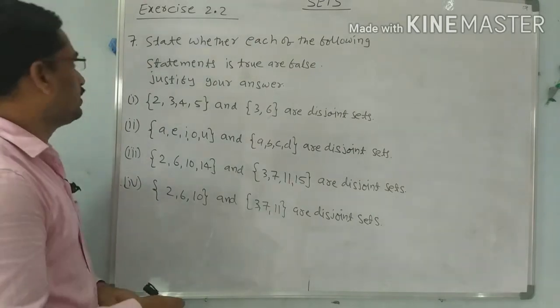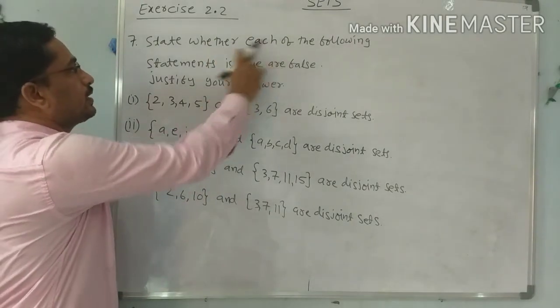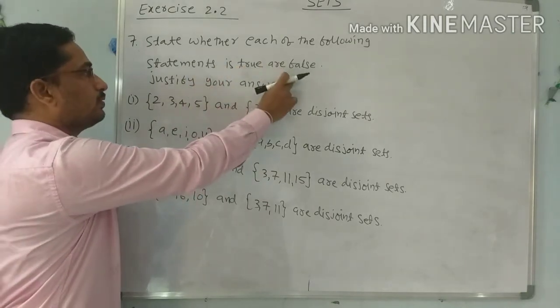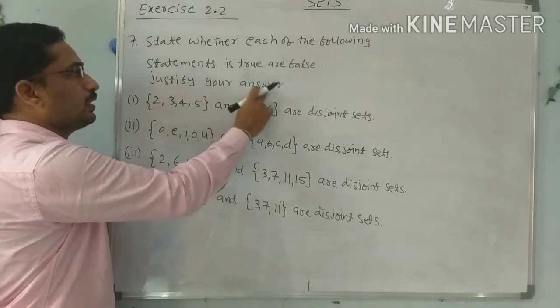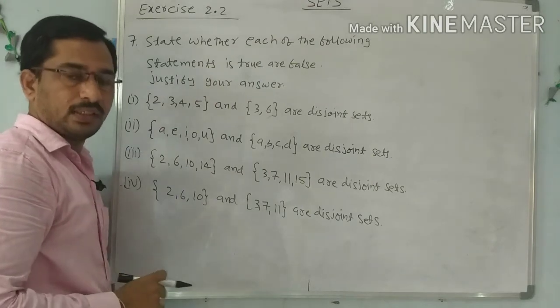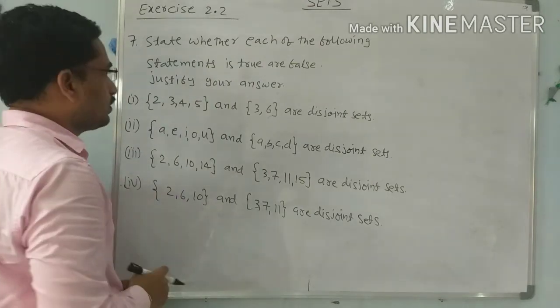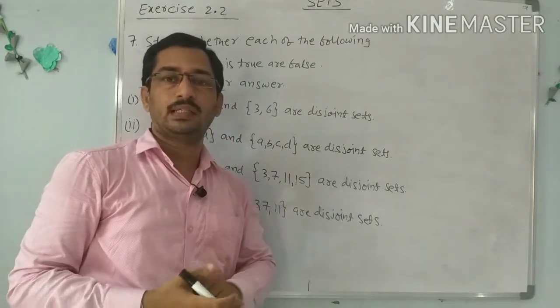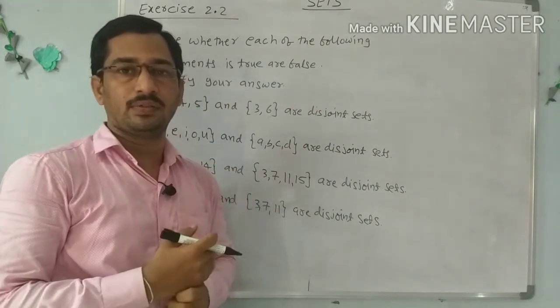Now the seventh bit: state whether each of the following statements is true or false. Justify your answer. These are completely related to disjoint sets. We already completed the definition of disjoint sets in the previous video.